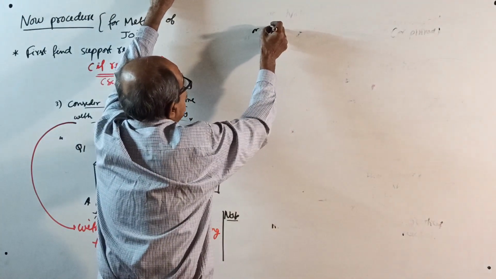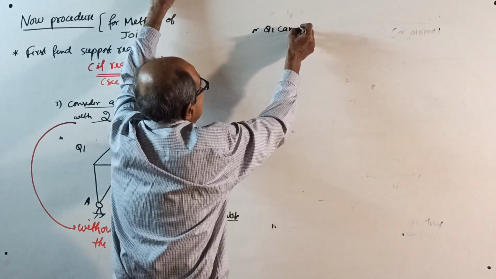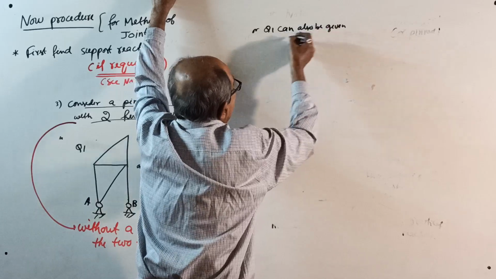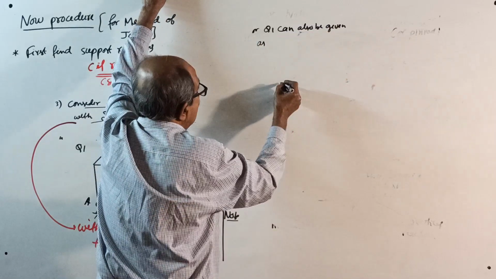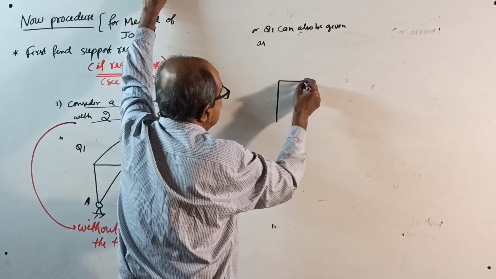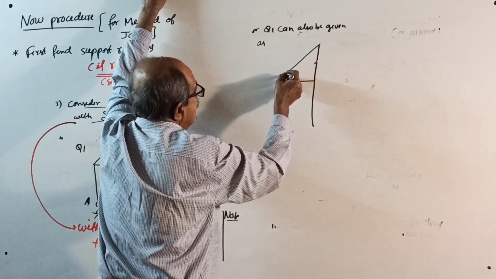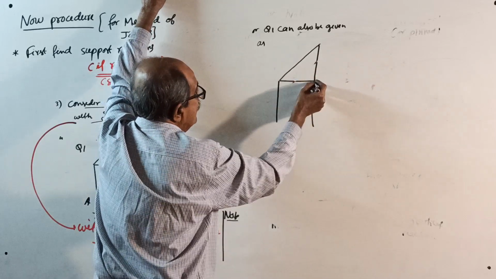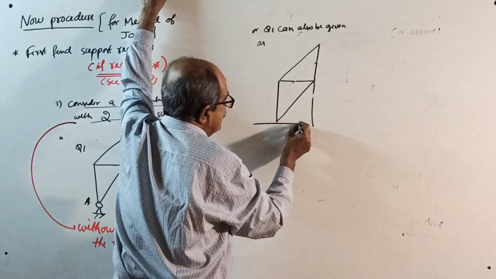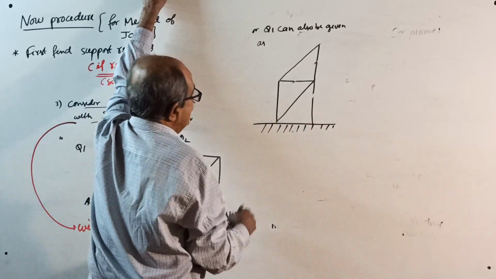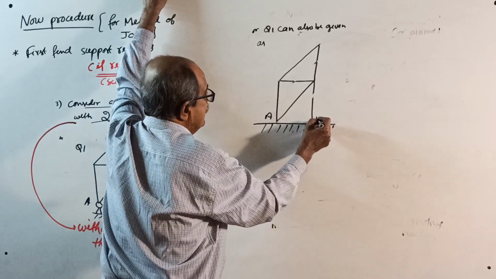Question 1 can also be given as, see here, this way. See, A here, B here.